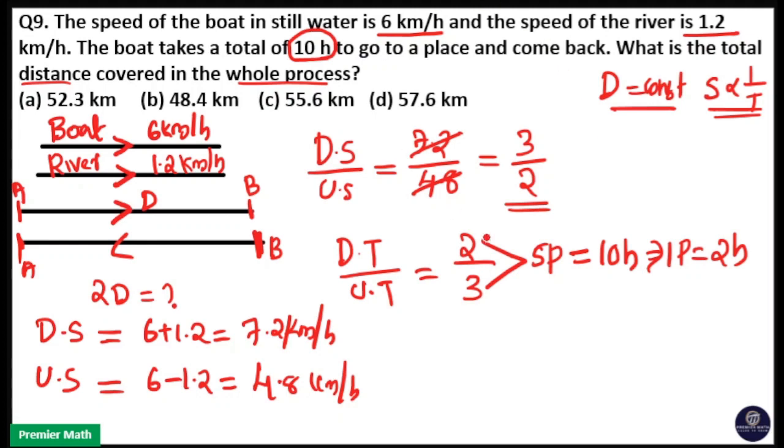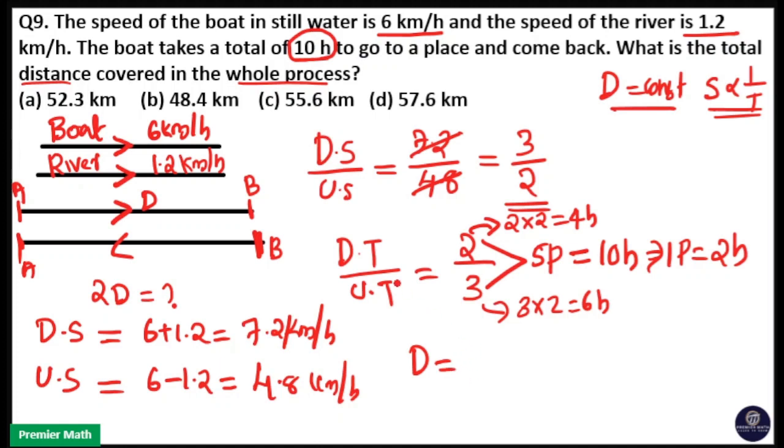So 2 parts is 2 into 2, 4 hours, and 3 parts is 3 into 2, 6 hours. That is, from A to B he takes 4 hours, and from B to A he takes 6 hours. So distance is speed into time.